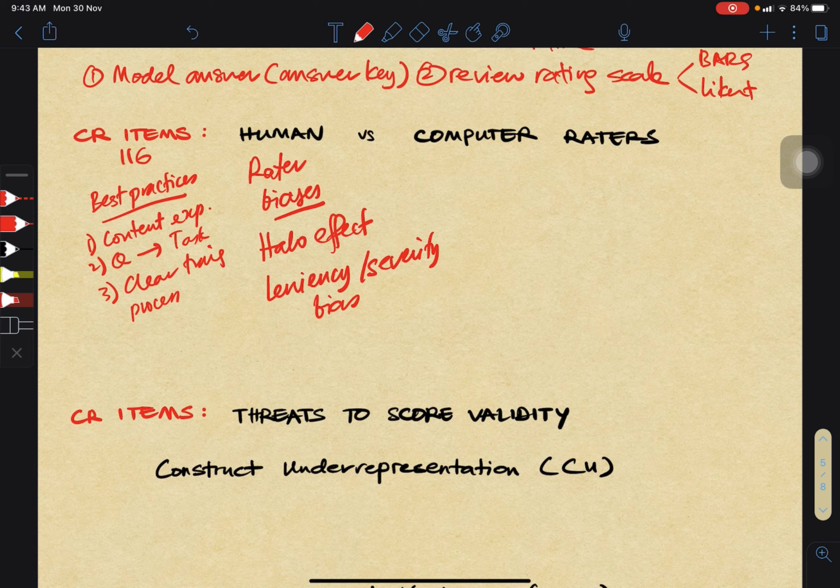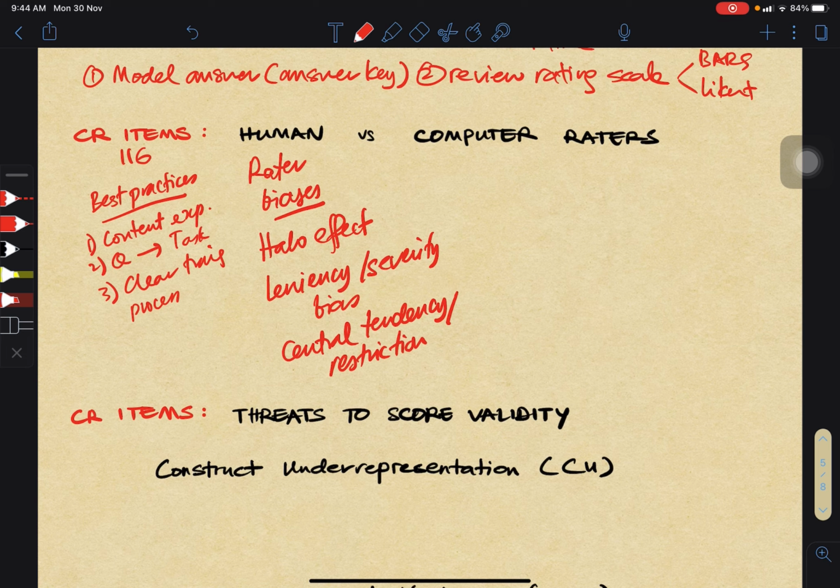It's mentioned there. Central tendency effect, or central restriction. Okay, these are part of the few other things mentioned here.